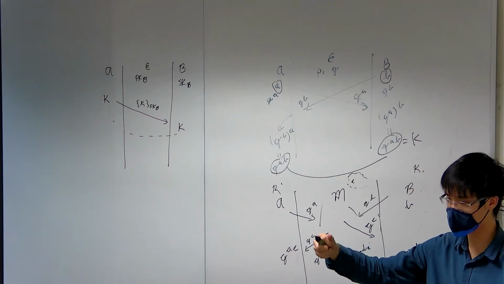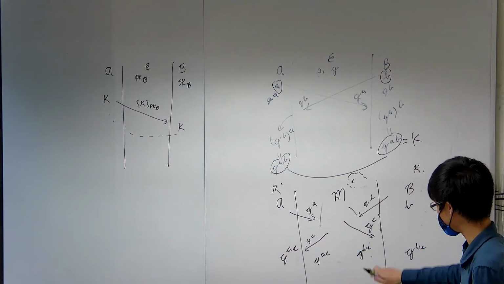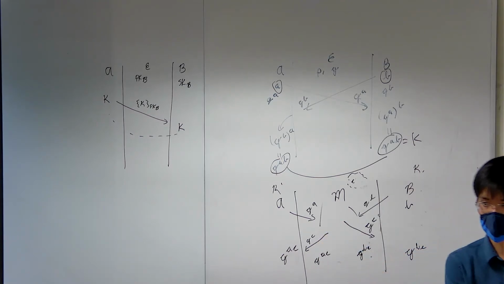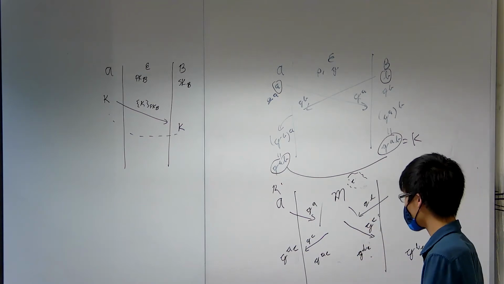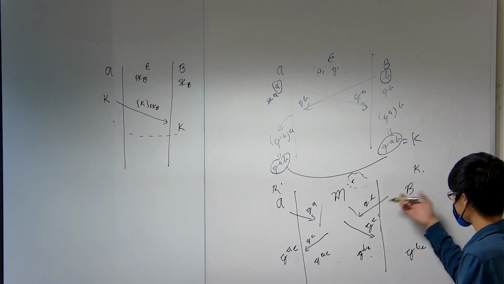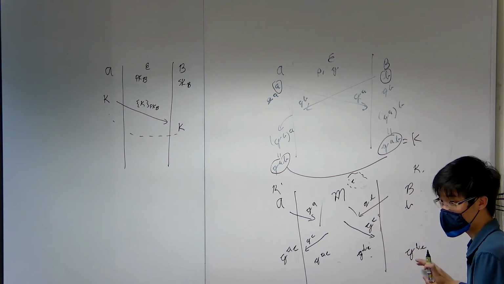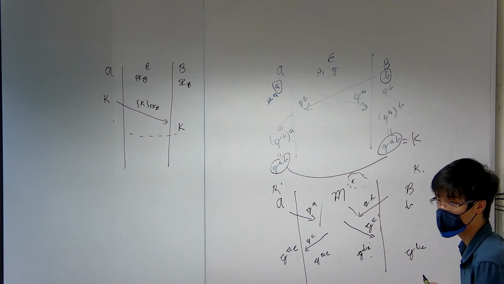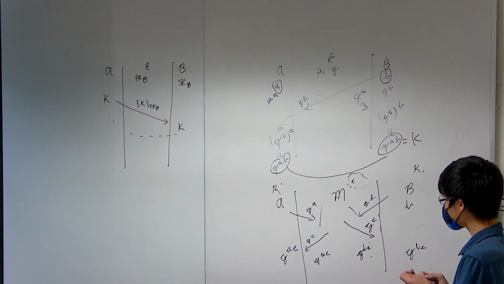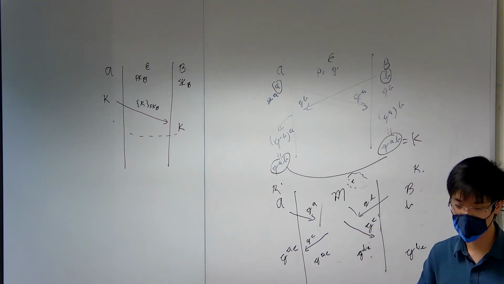She opens it, reads it, then encrypts it under G to the BC and sends that over to Bob. Alice and Bob have no idea this is happening, because all they see is that they sent something, received something, derived a key, and all the messages are encrypted with that key. So there's nothing indicating to either of them that something has gone wrong.